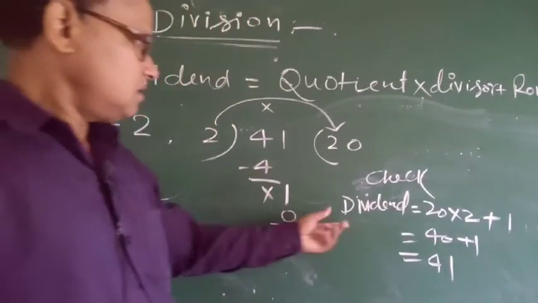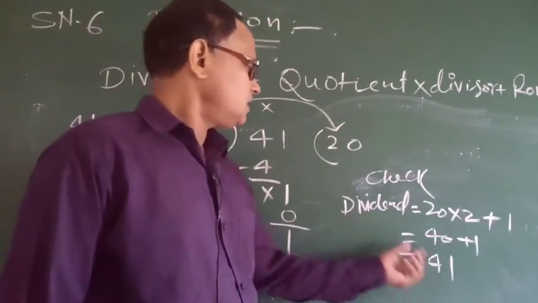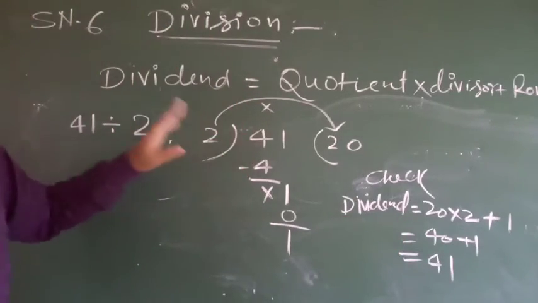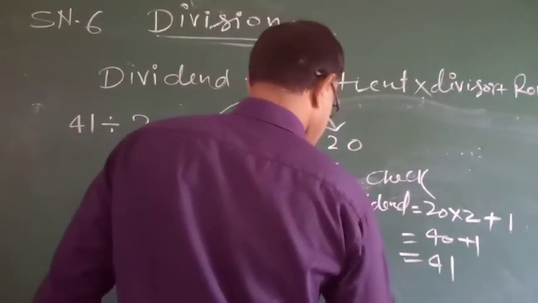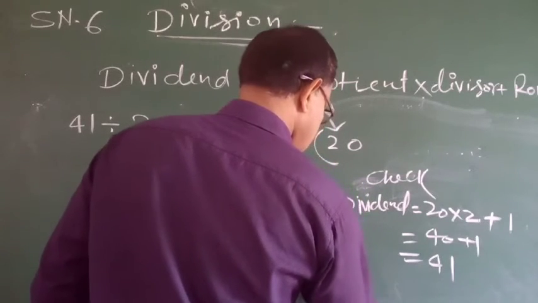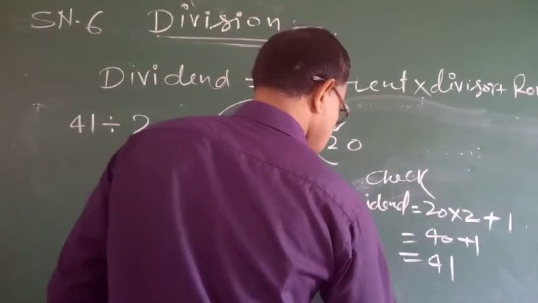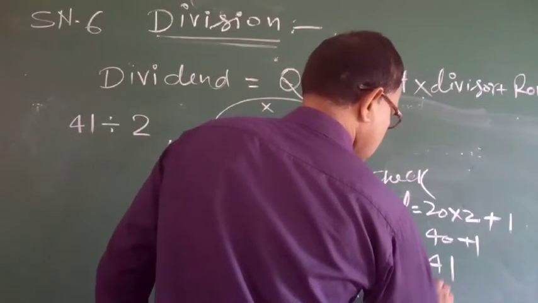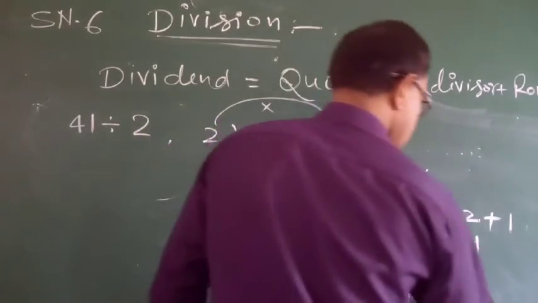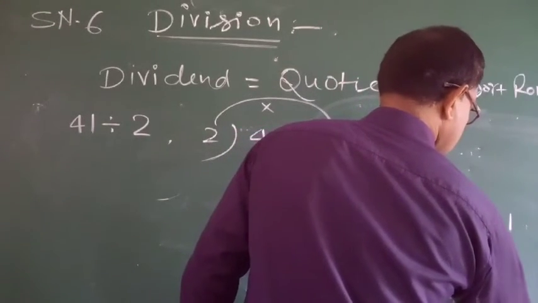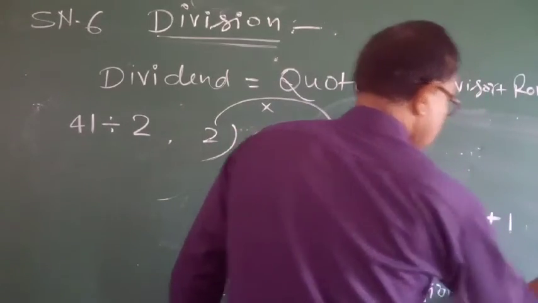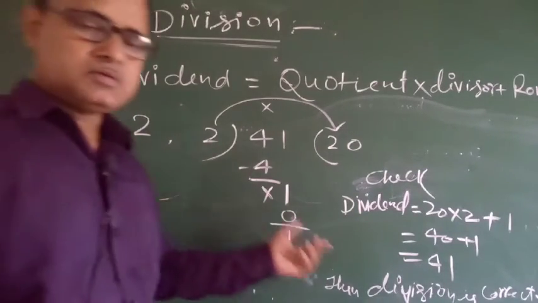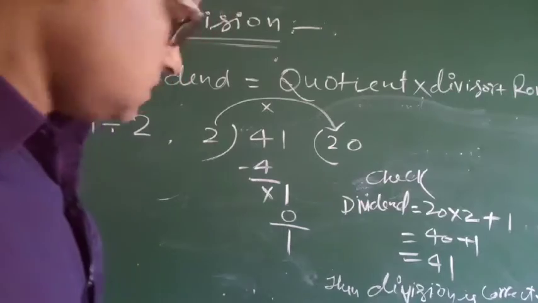Then we find the result 41, which is equal to the dividend. Then our division is correct. Okay? These types of questions you can solve on this basis.